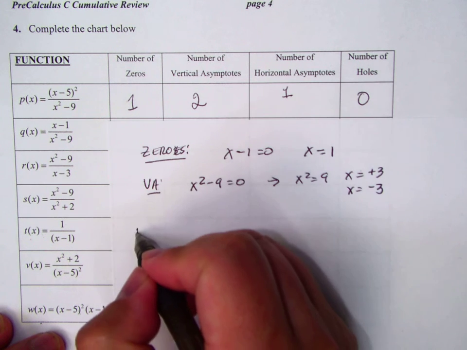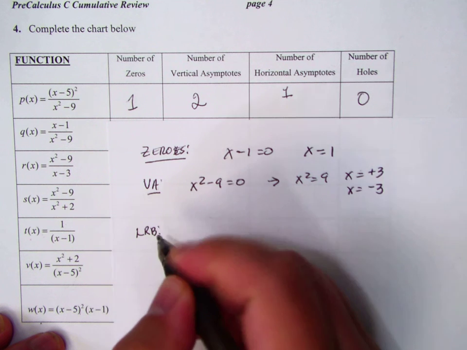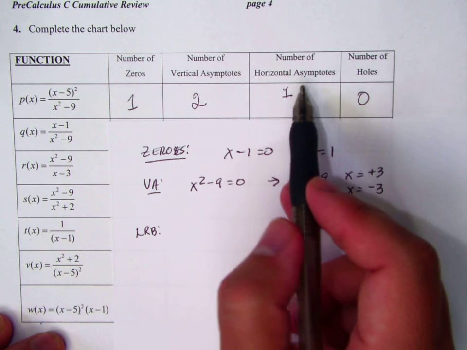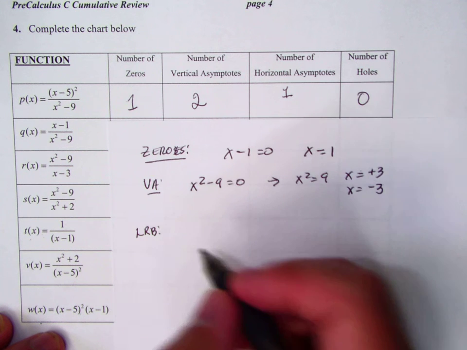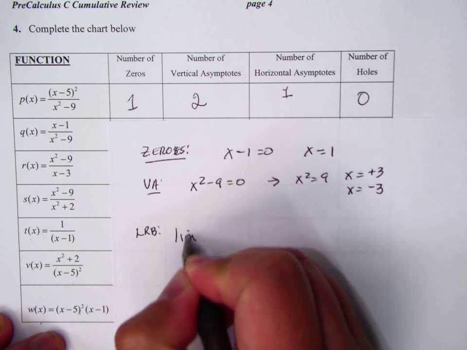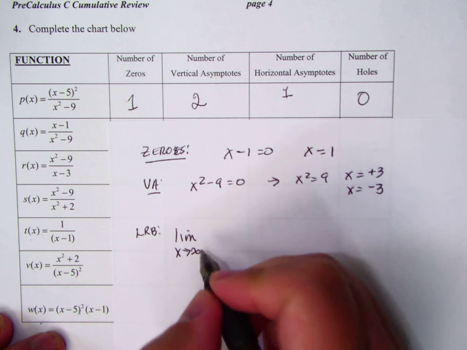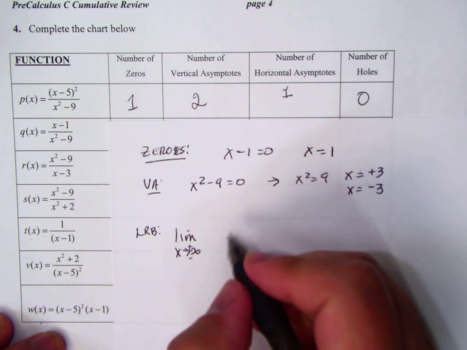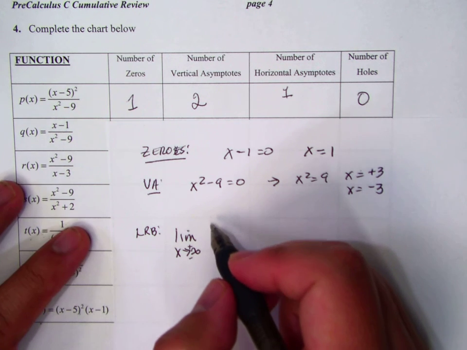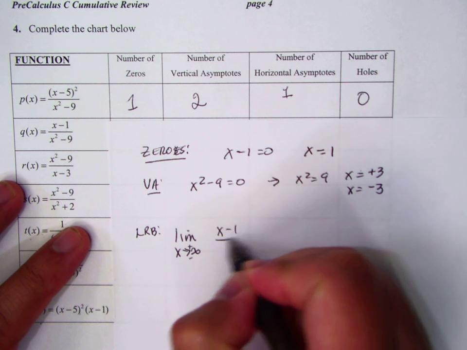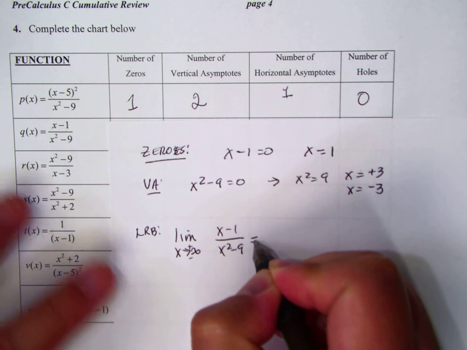We look at our long-run behavior, the limit as x approaches plus or minus infinity, to find our so-called horizontal asymptotes. We've got x minus 1 over x squared minus 9.